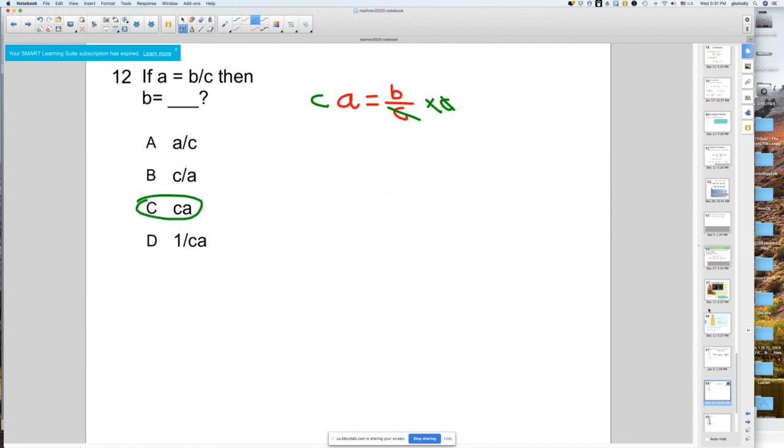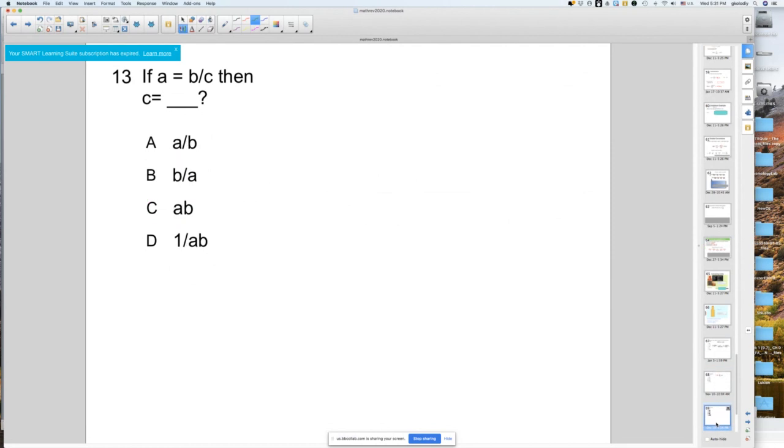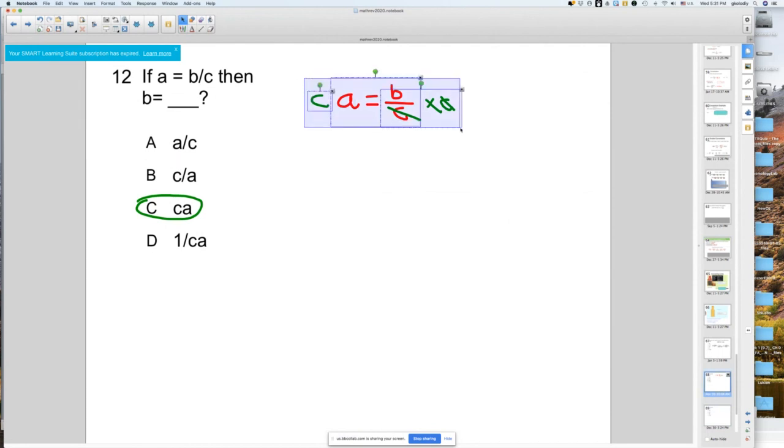Let's do one a little bit harder. That's too easy, I know. How about this one? Solve for C. Well, the hint is to use what you already did in the previous one. What did we do in the previous one?